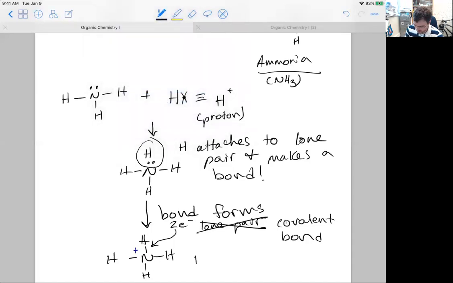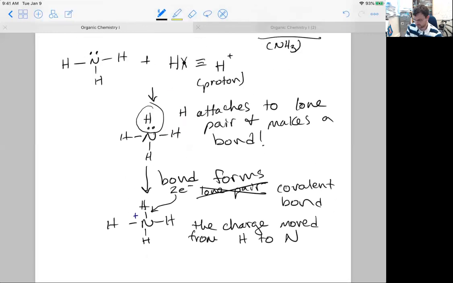So the charge moved from the hydrogen to the nitrogen. Charge moved from H to N. This is an example of an acid reaction.